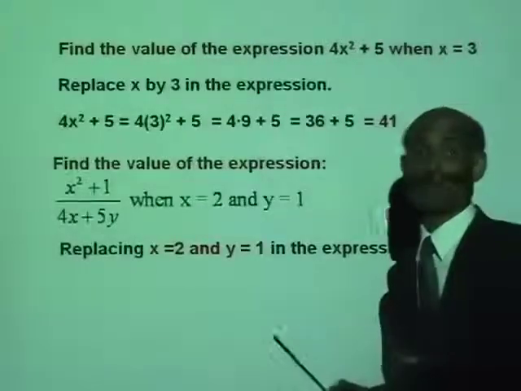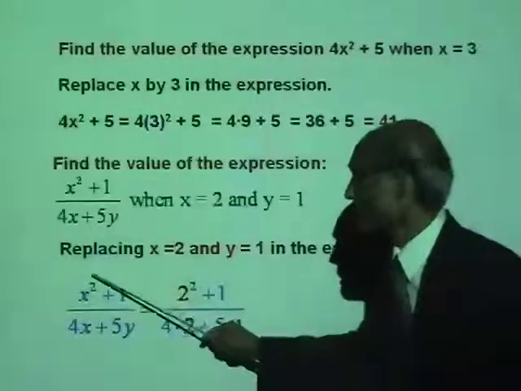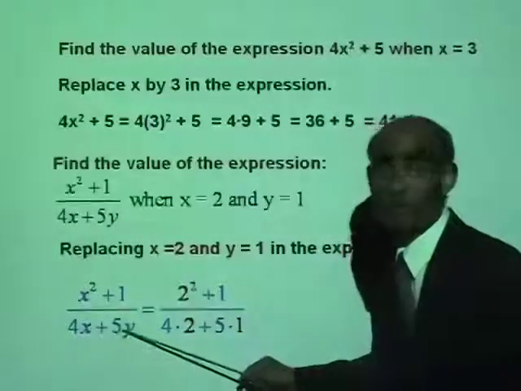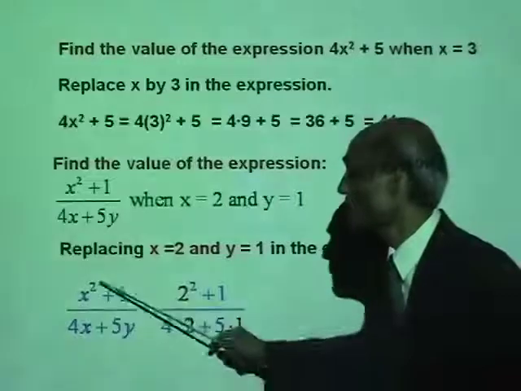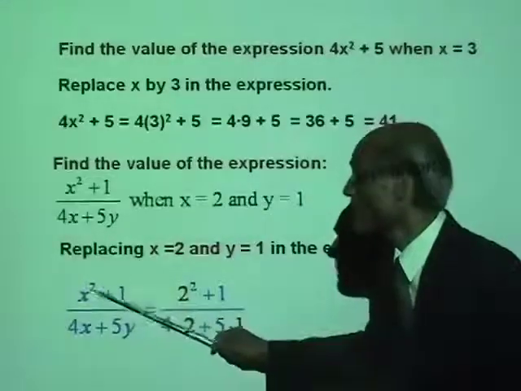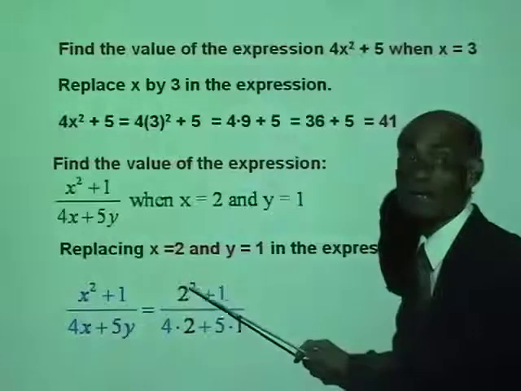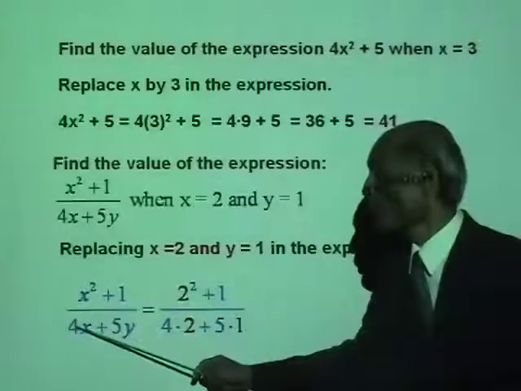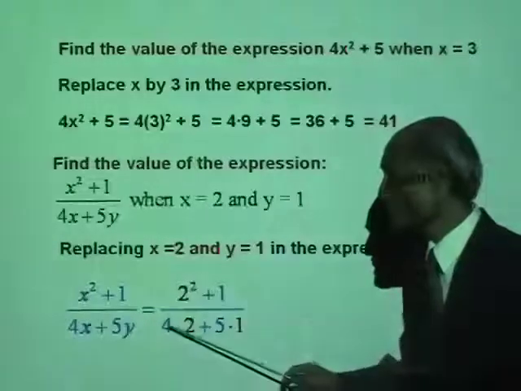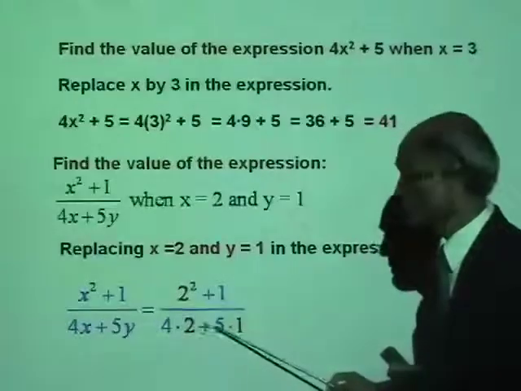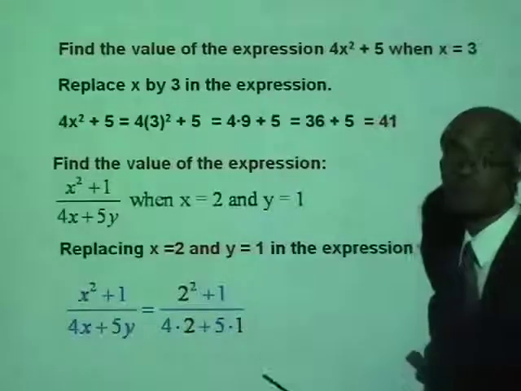Let's do that. So, x squared plus 1 over 4x plus 5y now becomes 2 squared plus 1 all over 4 times 2 plus 5 times 1.